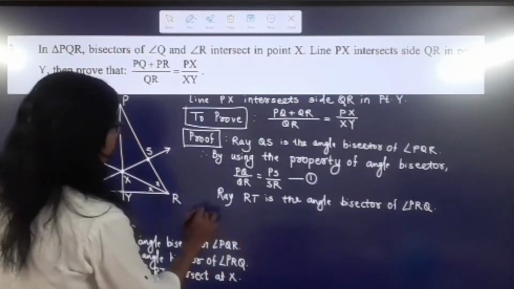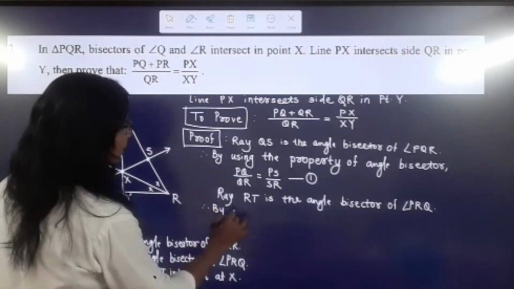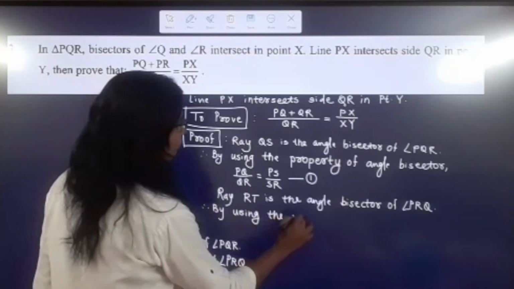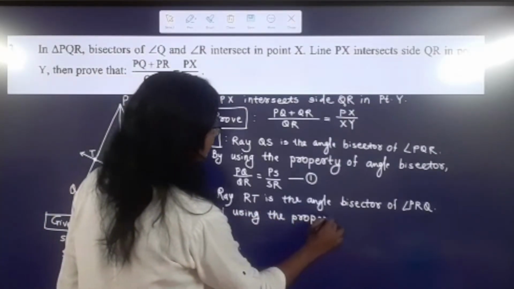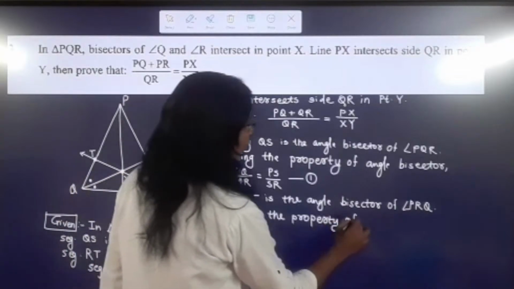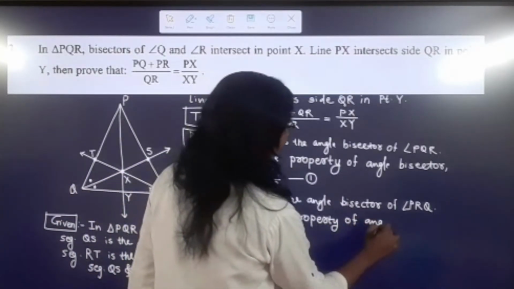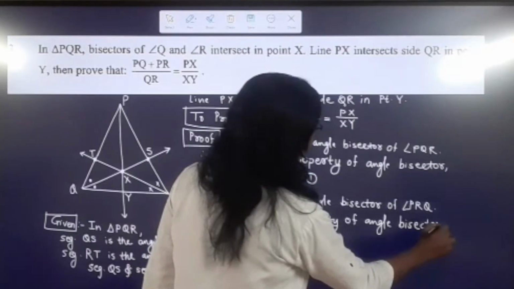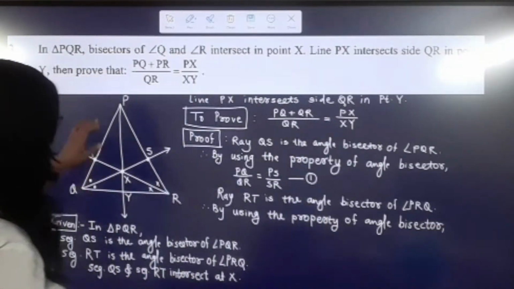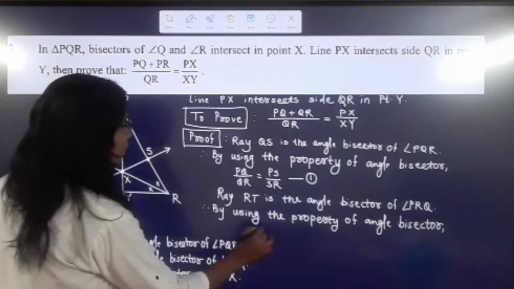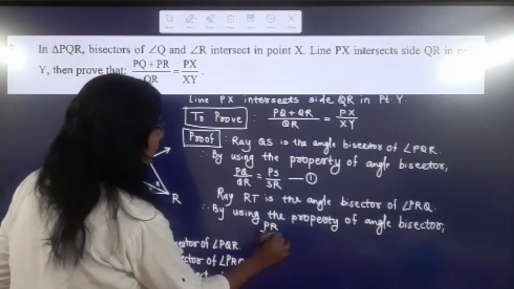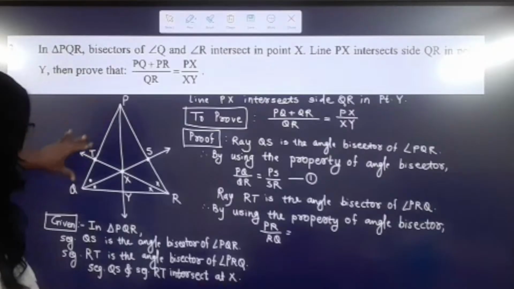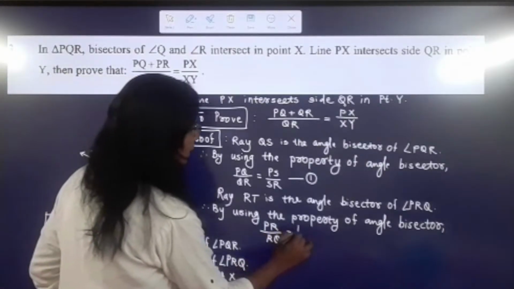Okay, and therefore by using the property of angle bisector, we say that PR upon RQ is equal to, students, PT upon TQ.